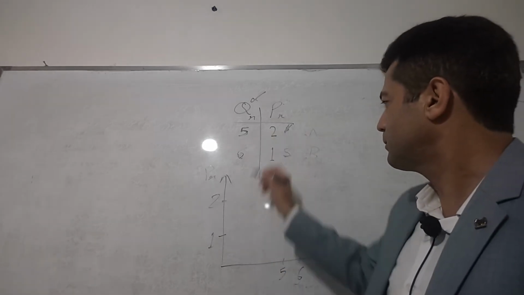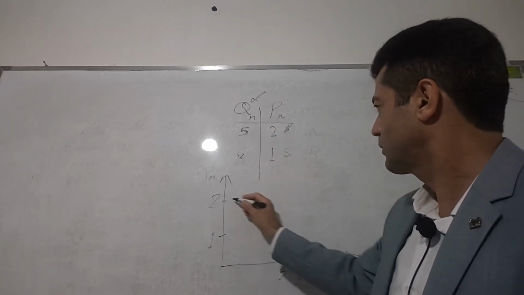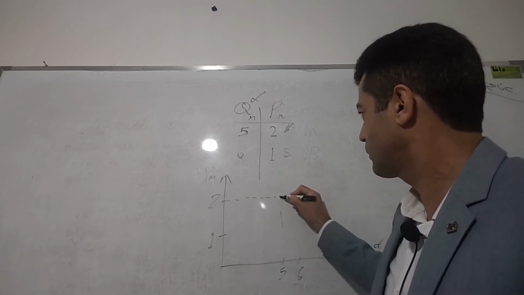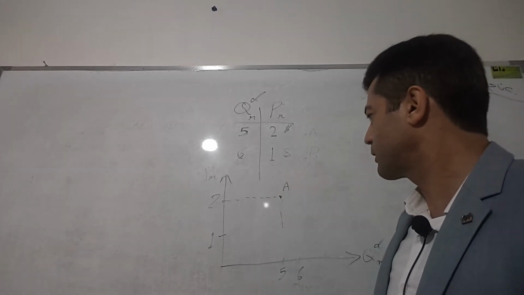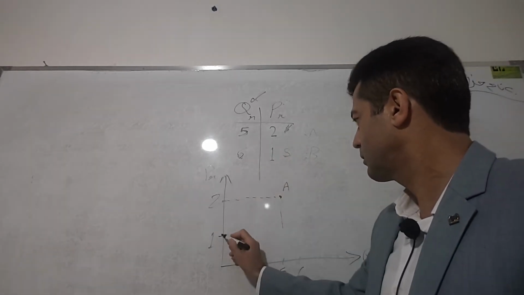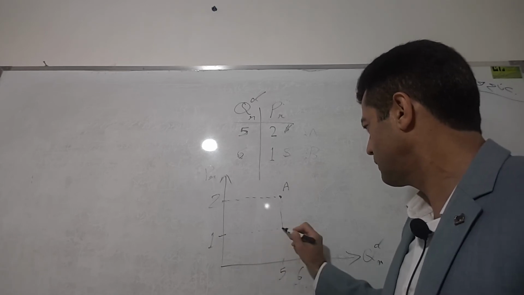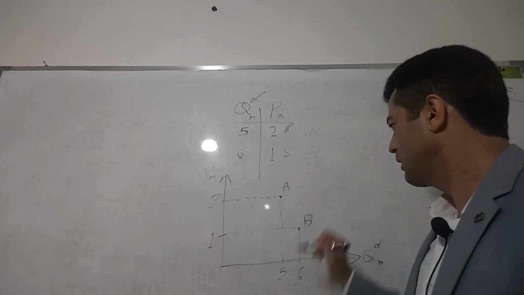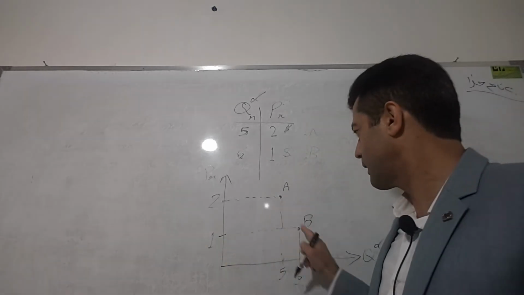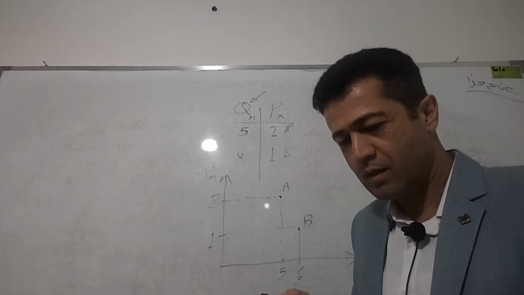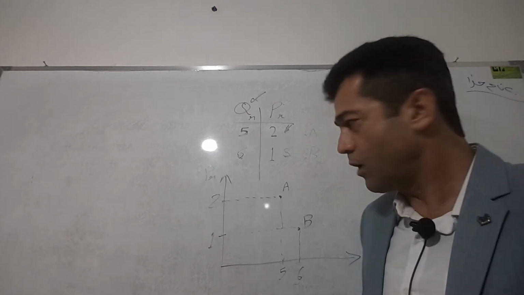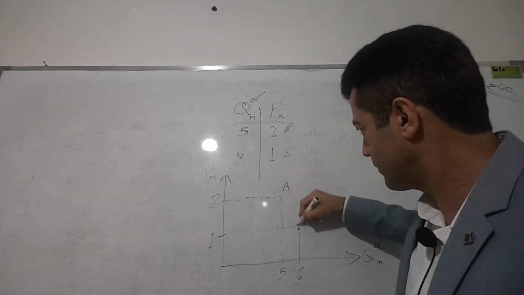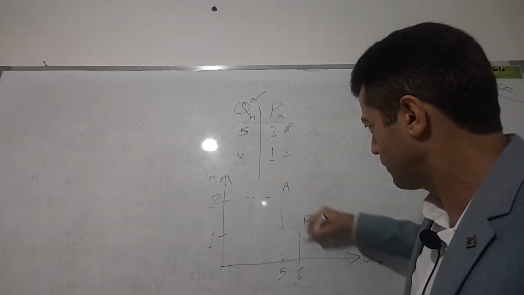The value 2 for 5 shows point A, and 1 corresponding with 6 is point B. We have two points here, point A and point B. If we draw a line continuously like this, connecting these two, it's a line.